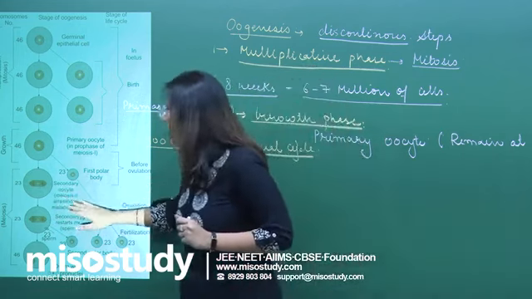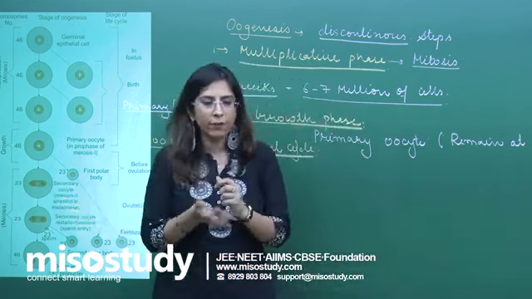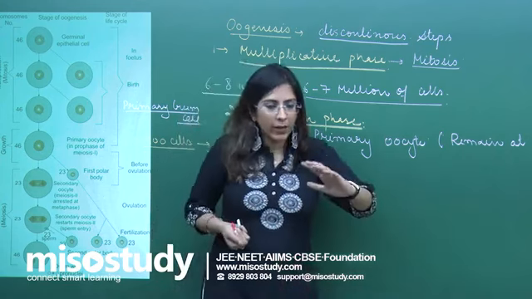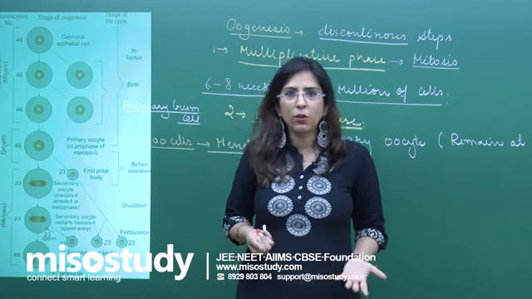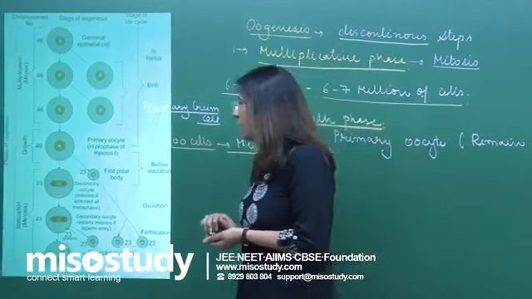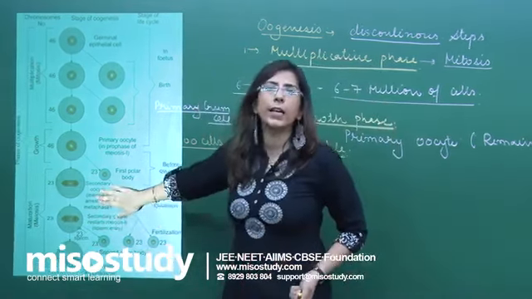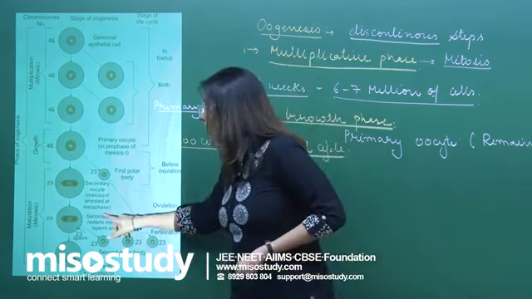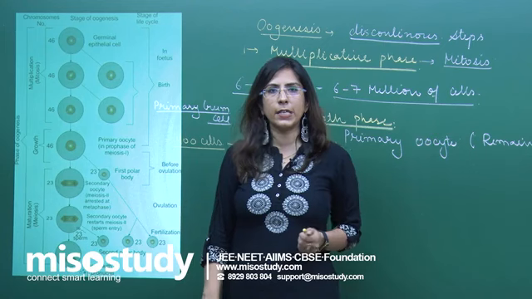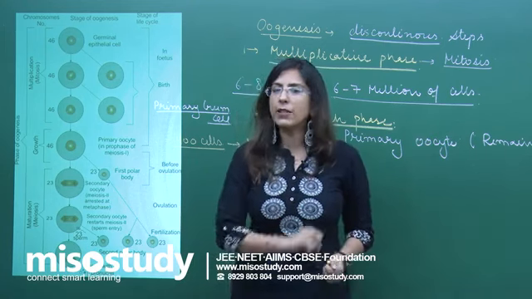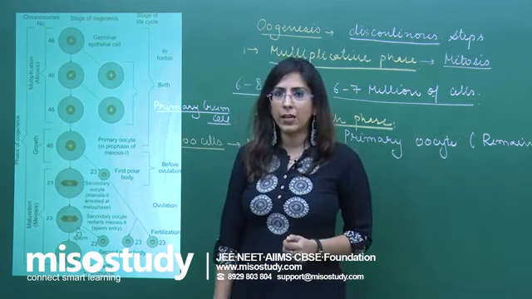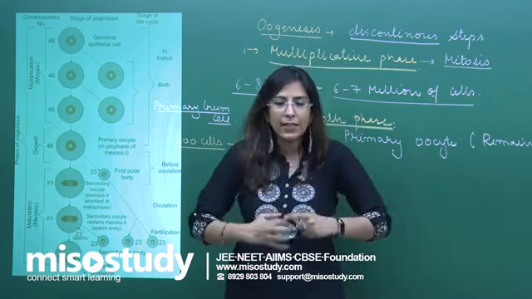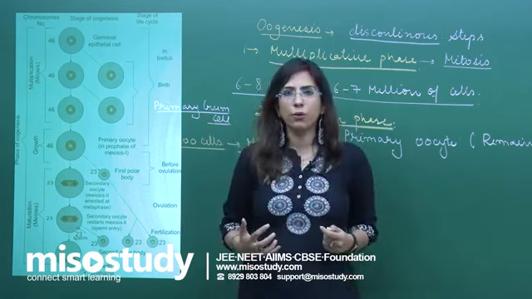This secondary oocyte, because it has completed meiosis 1, will start the second stage, meiosis 2. Yes, it will start meiosis 2, but again it will arrest itself at the metaphase stage. Once it arrests itself at metaphase, it will look for certain extrinsic factors so that it can start meiosis 2.